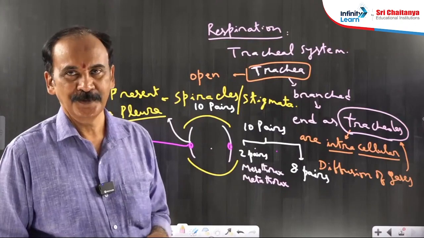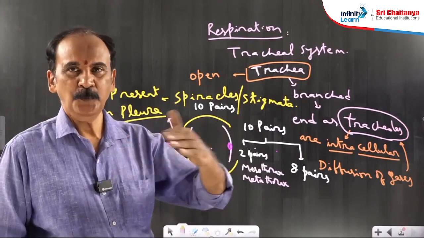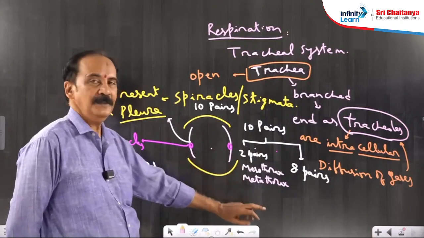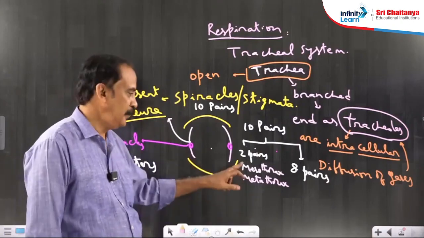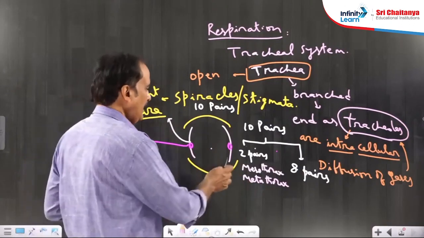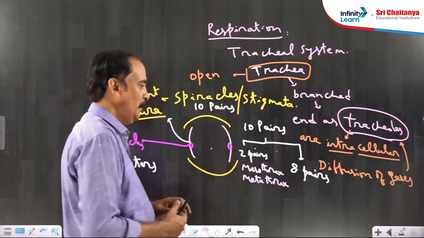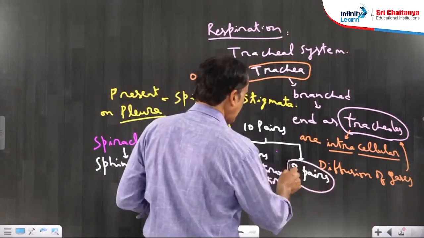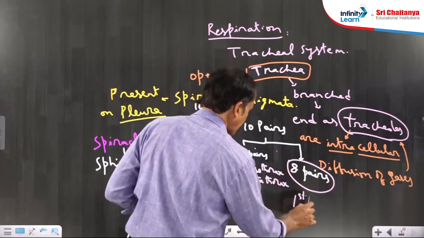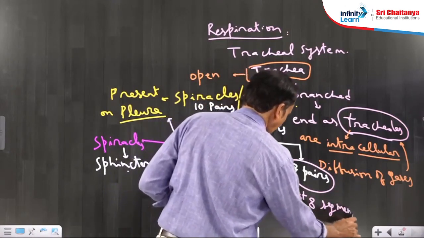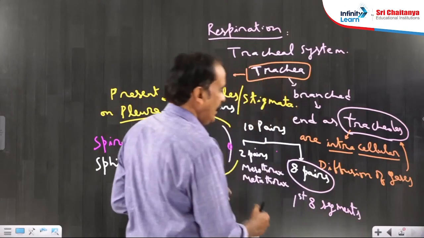Similarly, prothorax is without wings. Cockroach has 2 pairs of wings: the first pair in the mesothorax, the second pair in the metathorax. The 8 pairs of abdominal spiracles are present in the first 8 abdominal segments.